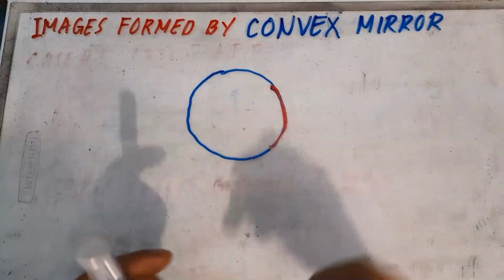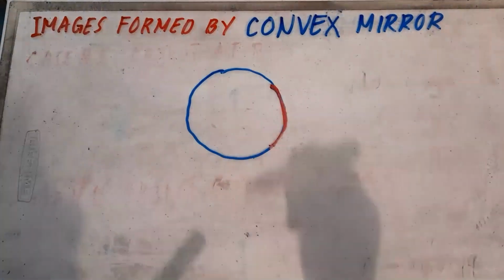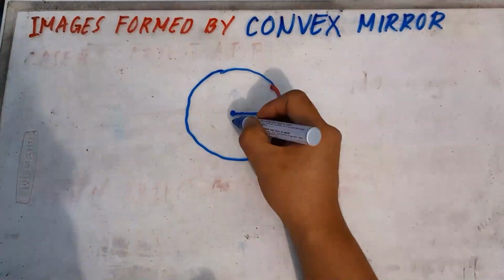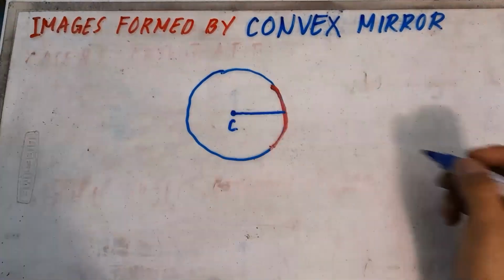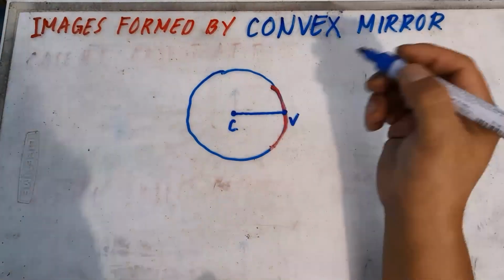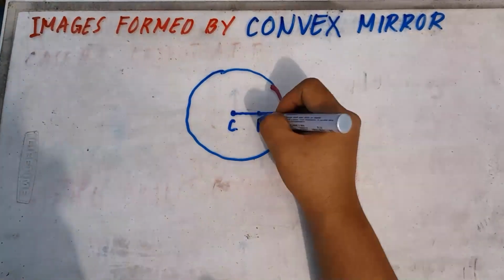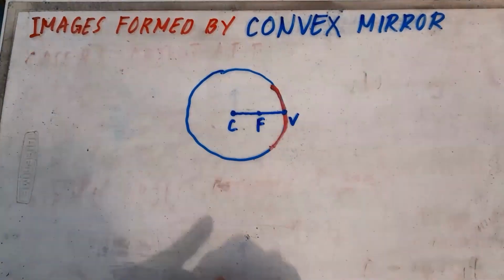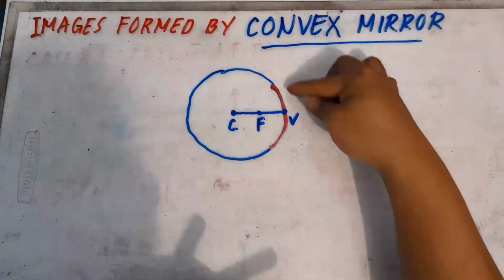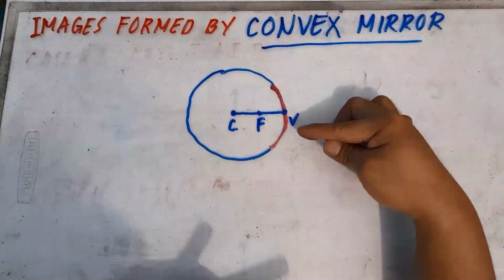And if we are going to recall the parts, we have here the center of the sphere that represents the center, and this one is the principal axis, this one is the vertex, and this one is the focus.